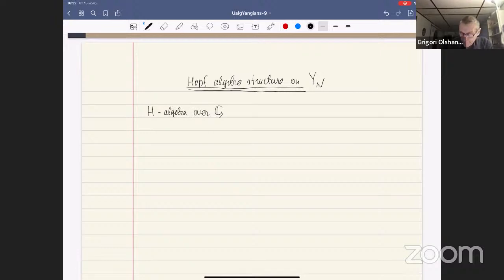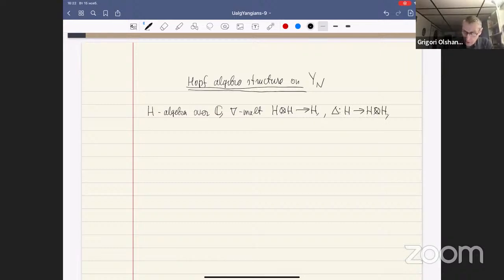So we have the multiplication map, and the co-multiplication map in the reverse direction.